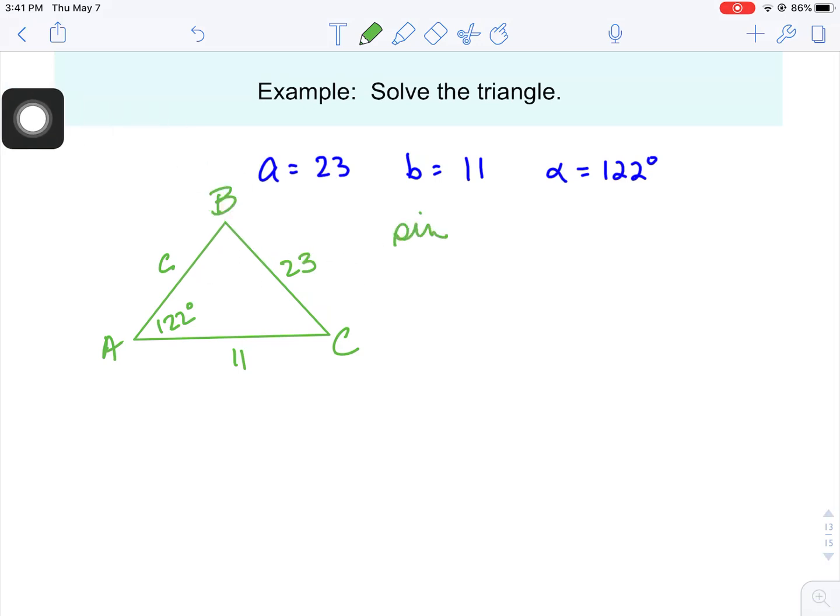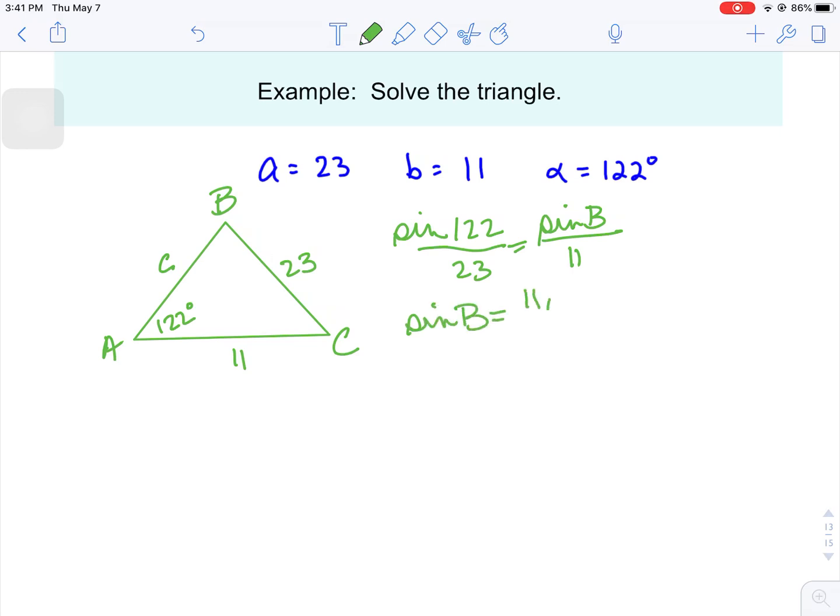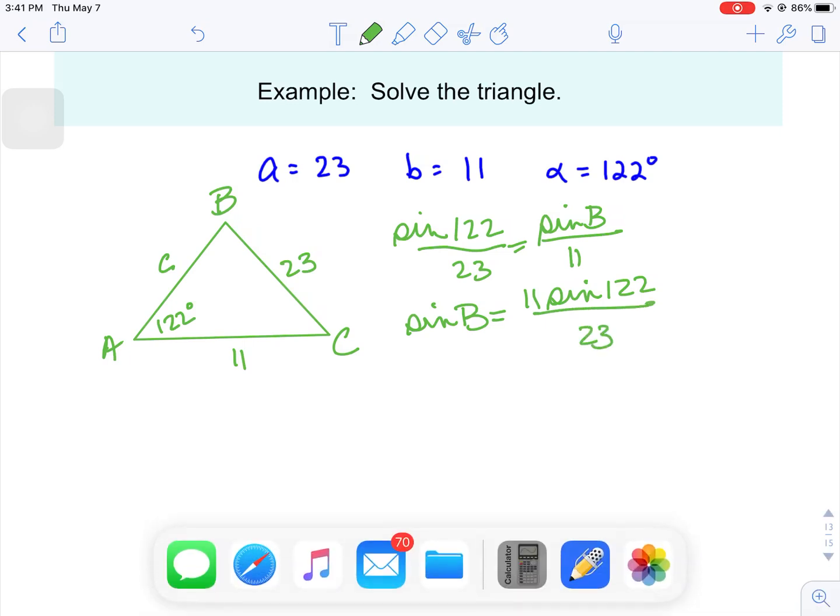So sine of 122 over 23 has to equal sine of B over 11. So solving for sine of B, I multiplied both sides by 11. And then plug in my calculator.